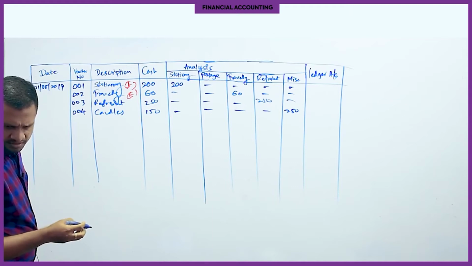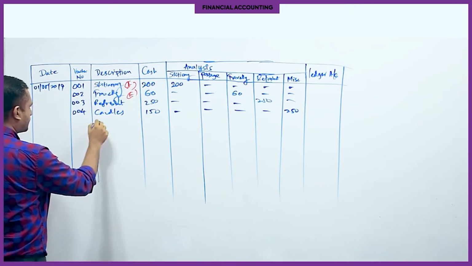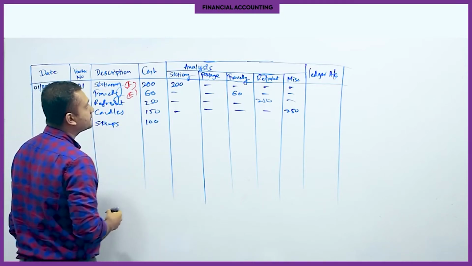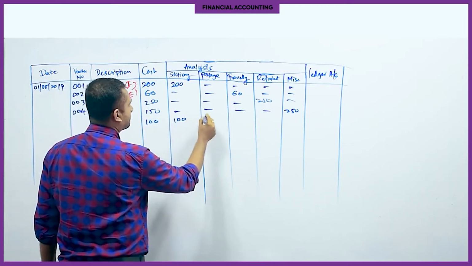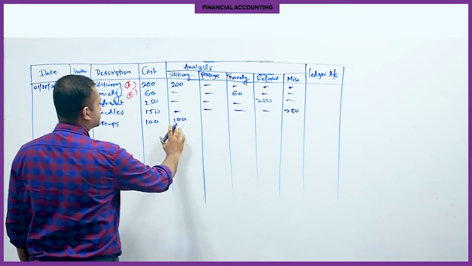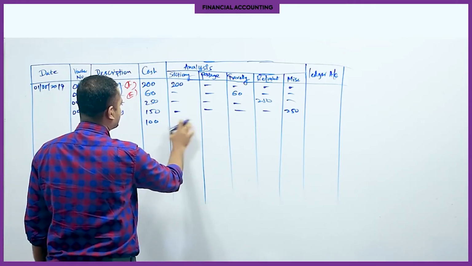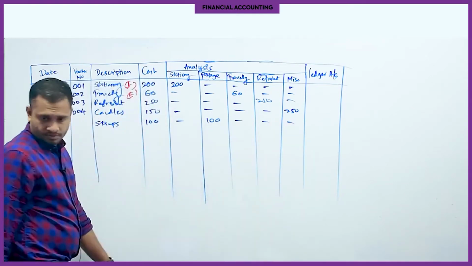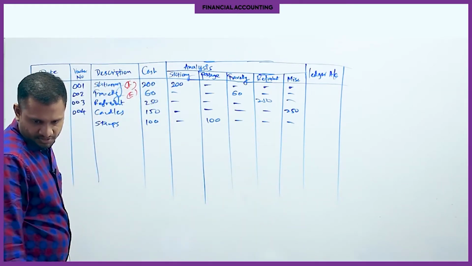Next one, stamps, 100. We can say it is stationery, or we can say it is postage. And paper sheets, 110.